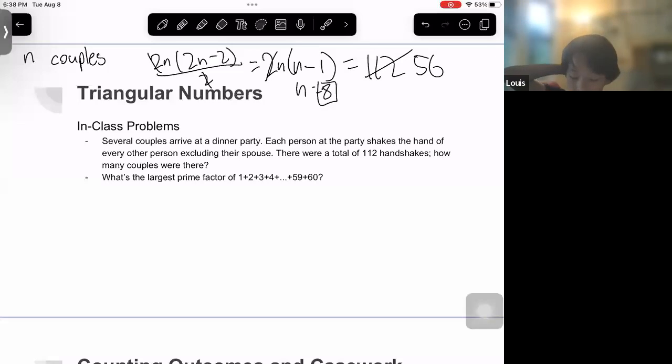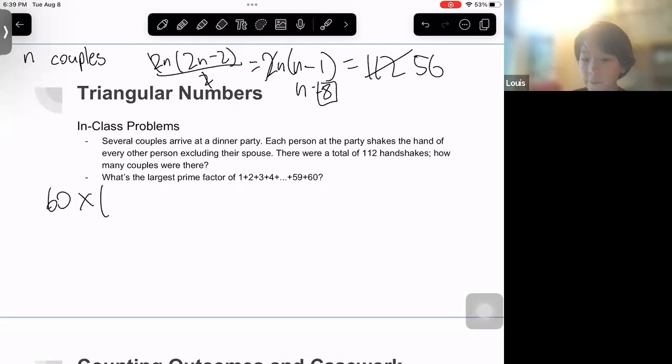For the second one, we can use a bunch of ways to solve the problem. So first, using the arithmetic series formula, it's the first and the last numbers, which is 61, divided by 2.